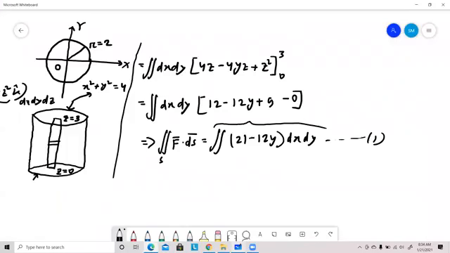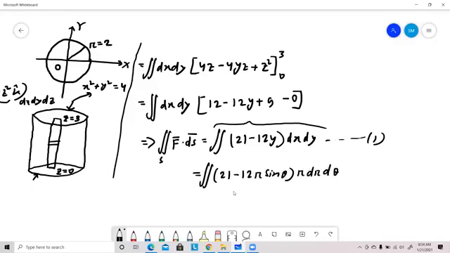Now if we use these coordinates directly, x equal to r cos theta, we substitute here. This equals 21, and y equal to r sin theta, so here r sin theta will be substituted, and dx dy equal to r dr d theta.